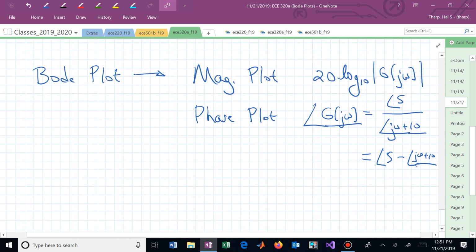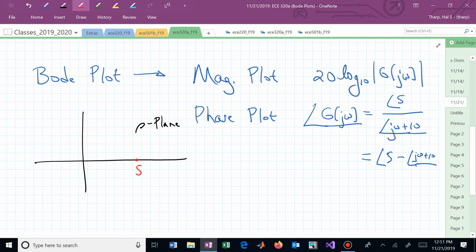What's the angle of 5? Now what I'm asking is, if I'm in the complex S-plane and I was at a point 5, at a location of value 5, what's the angle that makes with the positive real axis? Now you're standing at the origin and you look over at 5 and you say, okay, what angle am I having to move through in terms of my eyes or body to get to that point?